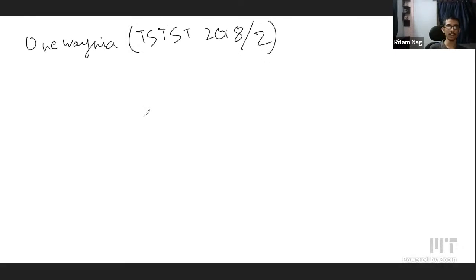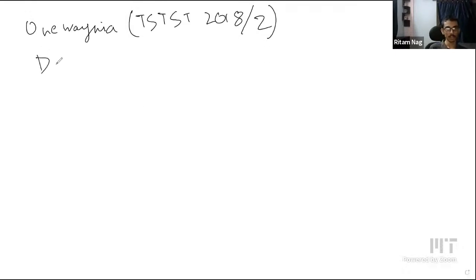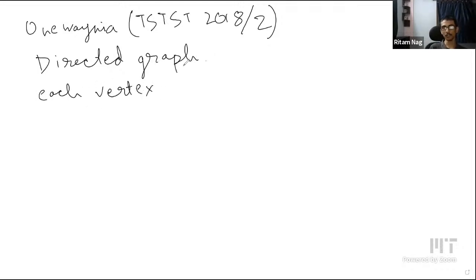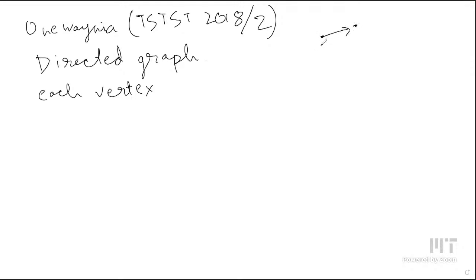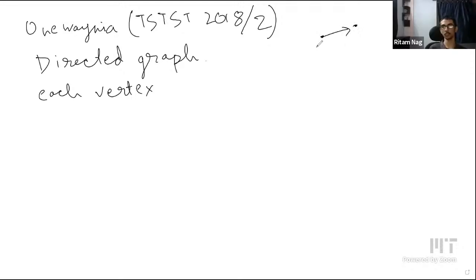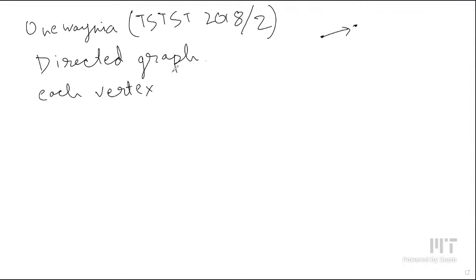So the problem is there's a directed graph. I hope everyone knows what a directed graph is. A directed graph is just a graph where the edges are directed. So the edges are basically like arrows. They start at some point and end at some point.